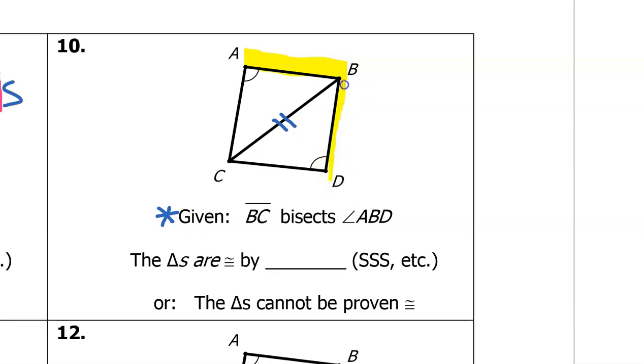Okay, this is angle ABD. Bisect means to cut in half, so that means that this side is going to be congruent to this side. All right, let's back up and see what we have. Focus your eyes on one triangle at a time. So let's look at this triangle for now.